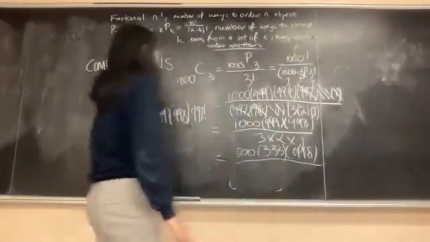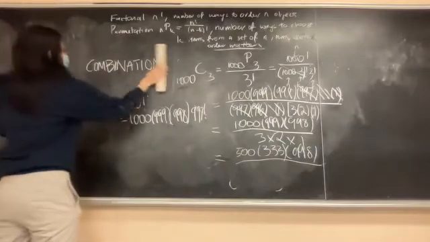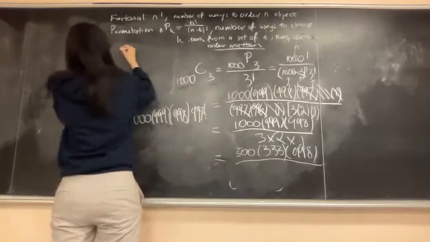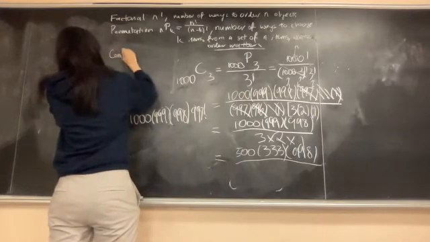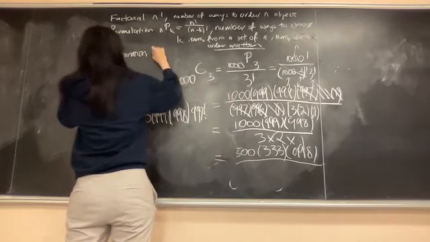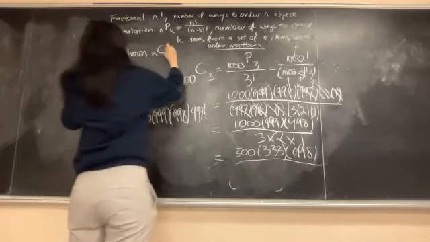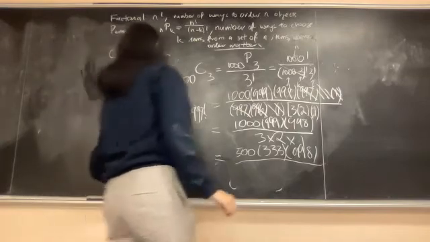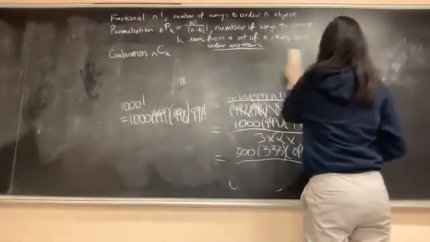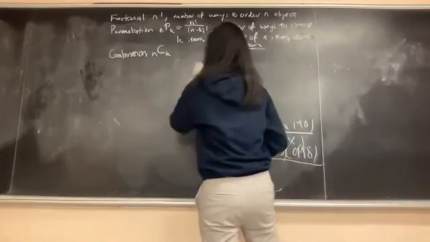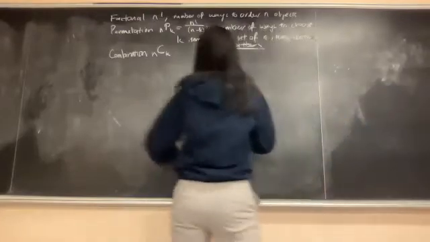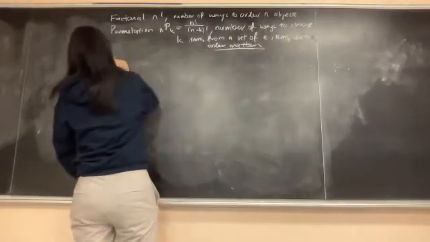So now I'll clear some space so I can write the definition of combinations at the top, okay? So let's say combination is N choose K. And as the formula, I'll erase all of this. Actually, I wrote that a little bit too high.